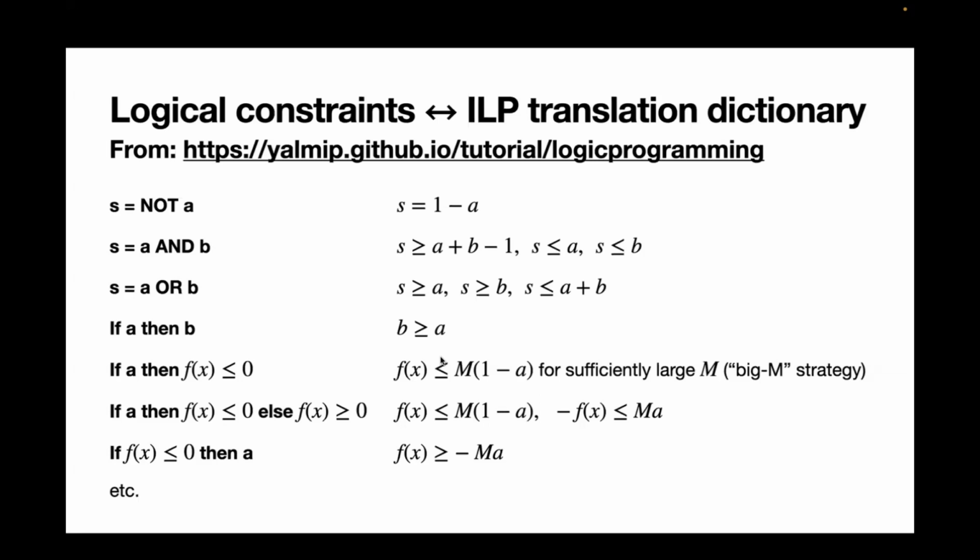So it just determines the order that we observe things. Okay, so then we go back to this dictionary and we use this one: if A, then f of x is less than or equal to C.